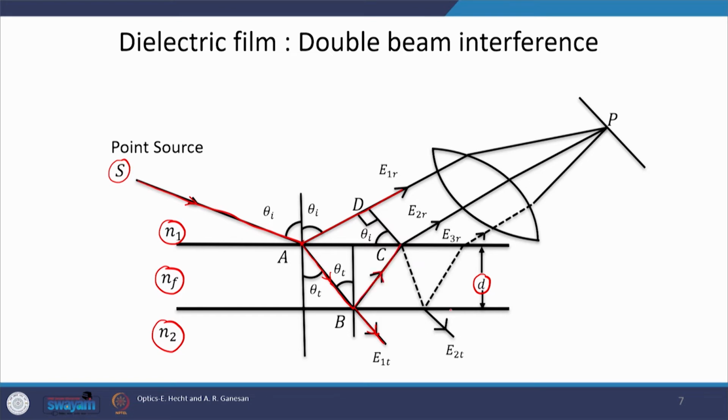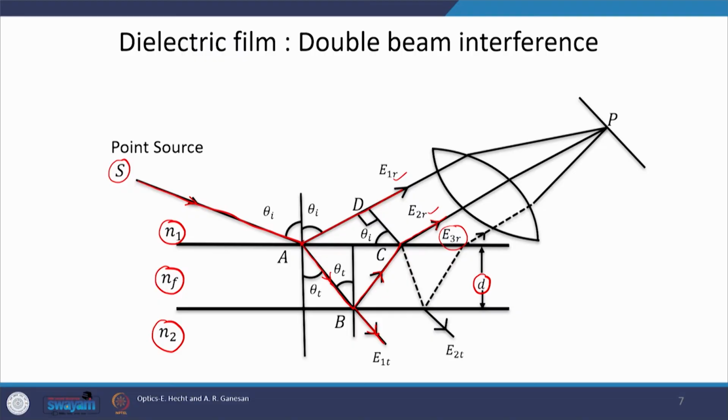Similarly, multiple transmissions and reflections will happen, but in this particular case we assume that only the first two reflected rays contribute to the fringe formation, because the reflection and transmission coefficients are chosen such that further reflections and transmissions are so weak that they almost do not contribute to the effective electric field at the point of observation P.